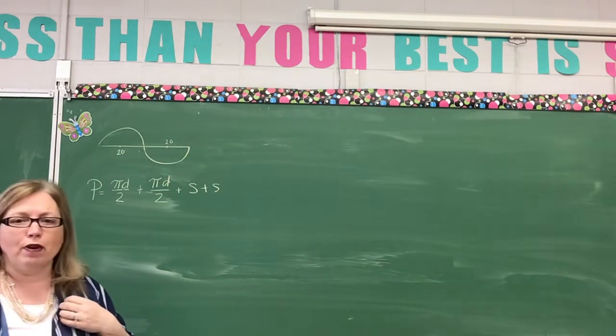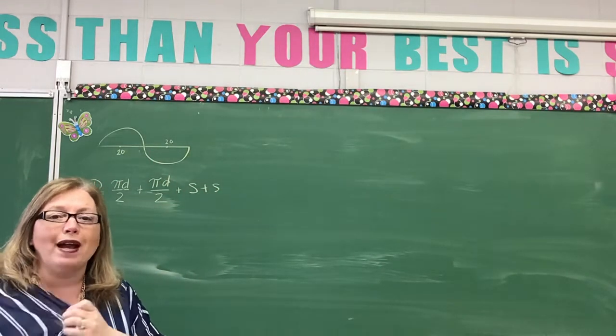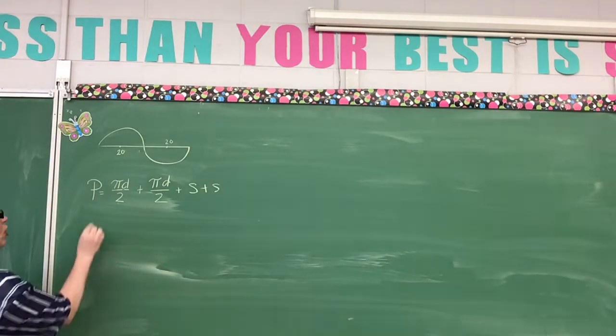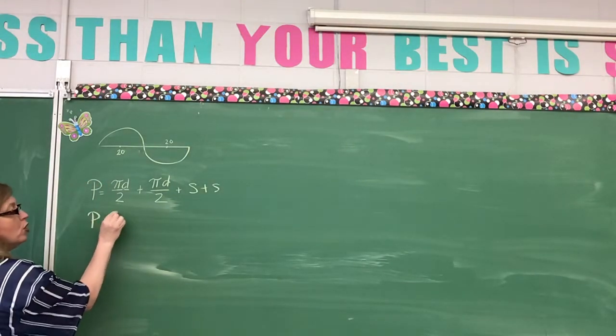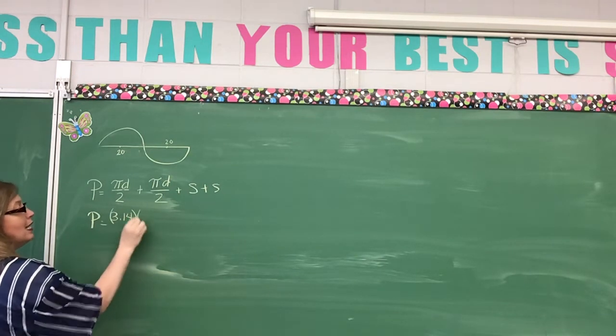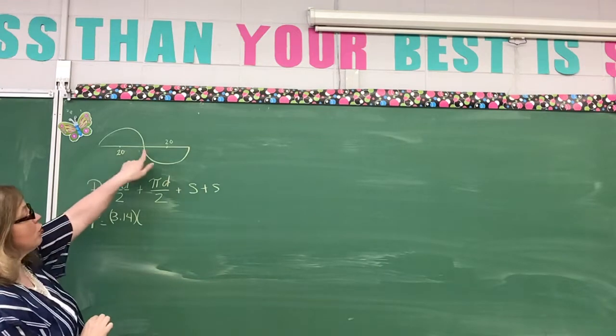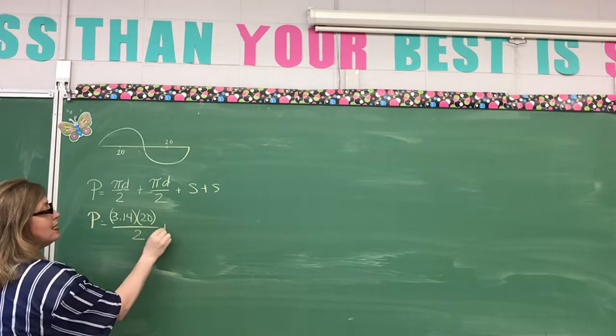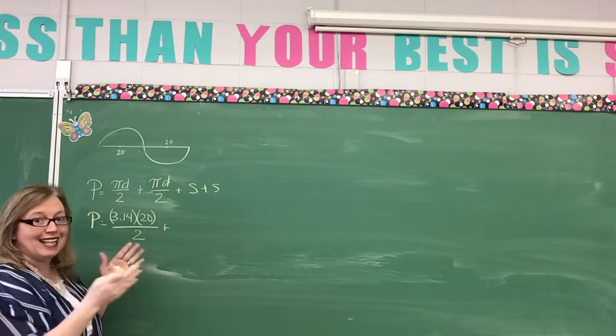Now, as I've told you all year, you write the formula, then you substitute, and then solve it. So perimeter equals 3.14 times the diameter. The diameter of this line is 20. Divide by 2. Now this happens to be the exact same thing.